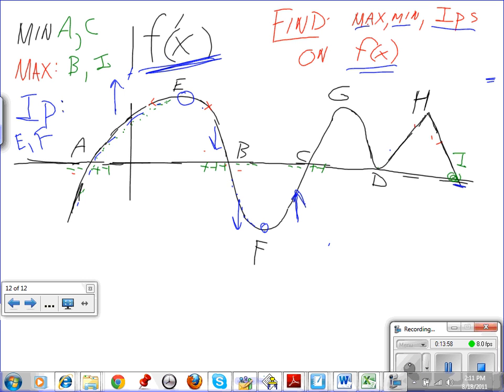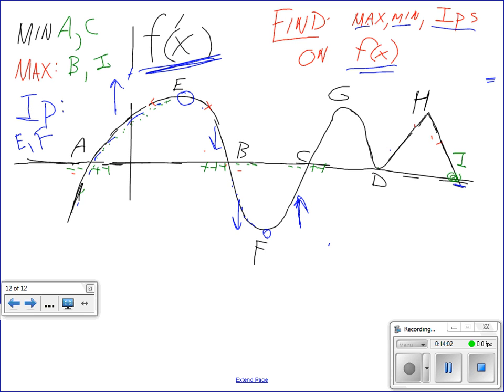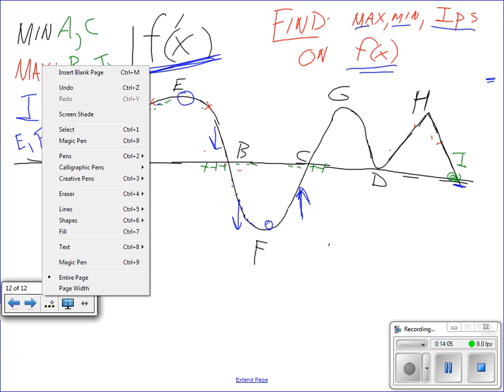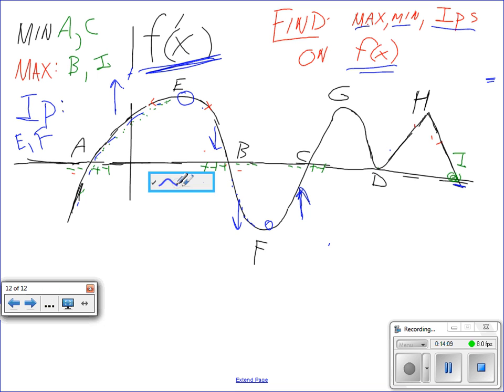You see from F to G, the slope of the first derivative is positive, so the second derivative is positive, and that means it's concave up. Here, you'll see it goes from concave up at G to concave down. So guess what? G is an inflection point.